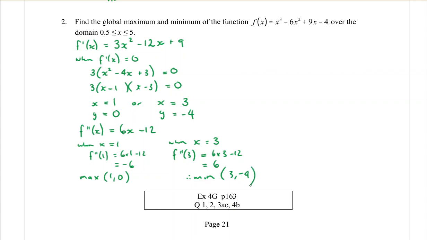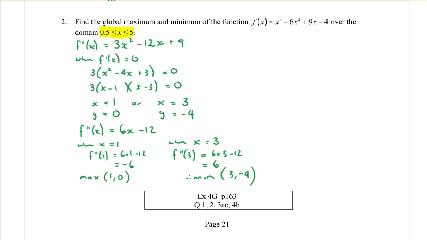So I've found my two stationary points. I know that one's a maximum and one's a minimum, but are they the global maximum and global minimum of that curve? Let's draw our graph with the boundary domain that we've been given here to see if it gets any higher anywhere else or lower.